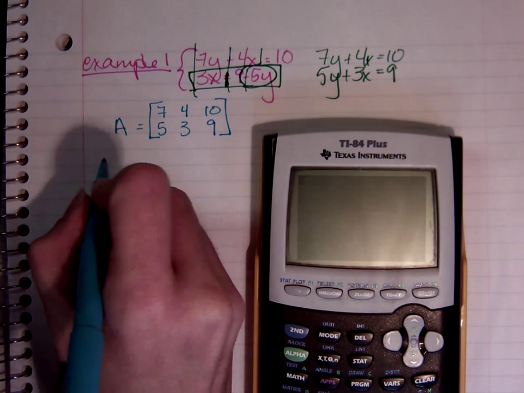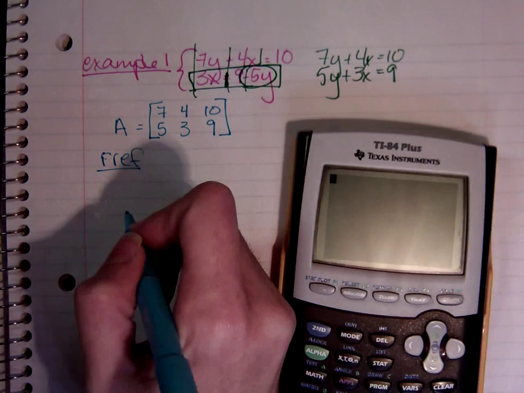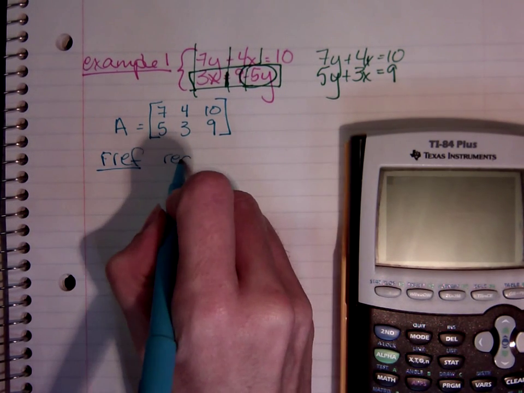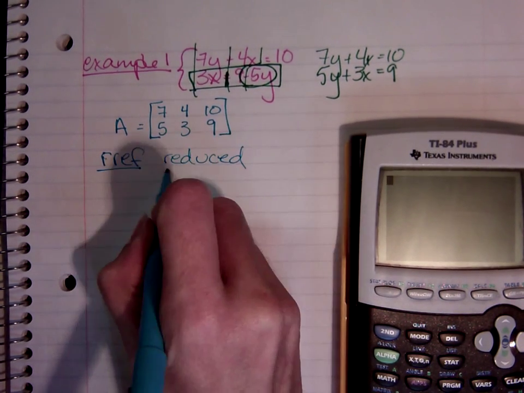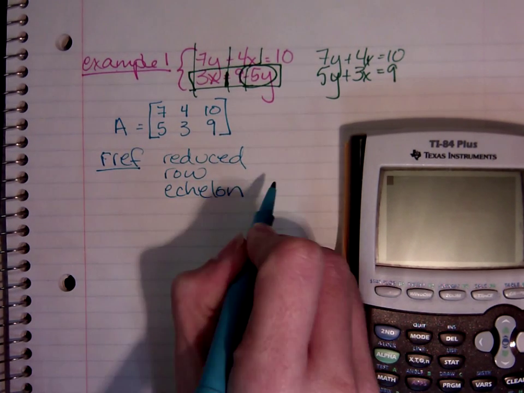What we're going to do now is we're going to use the RREF feature, and that stands for reduced row echelon form.